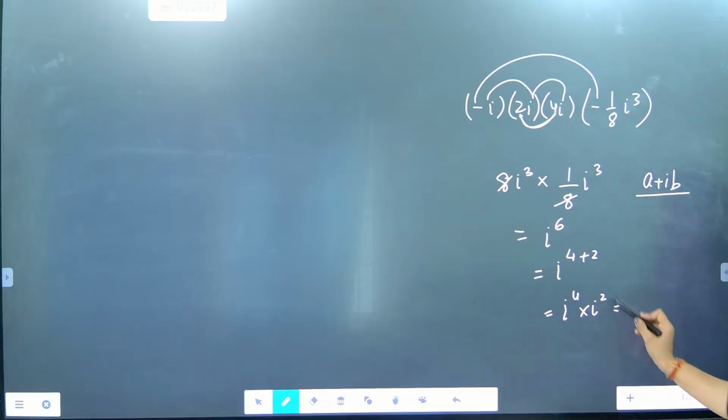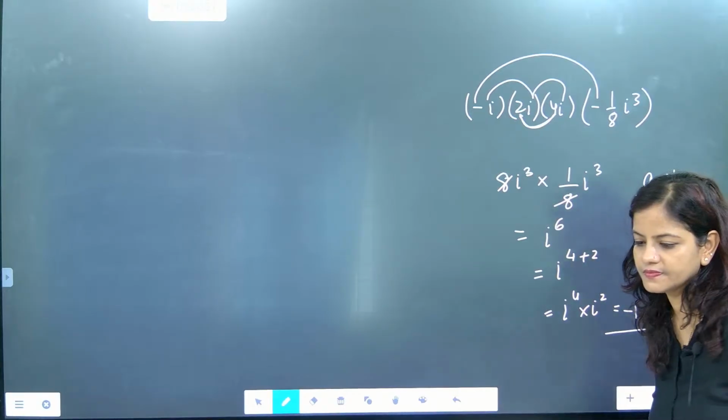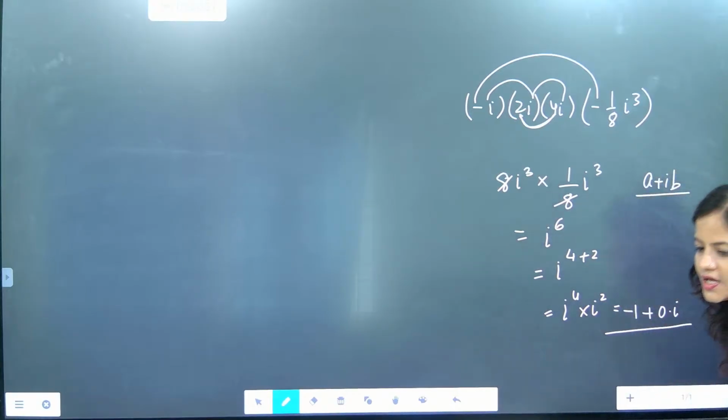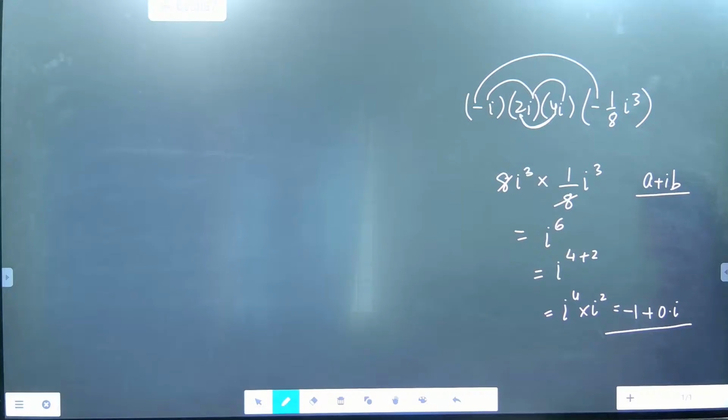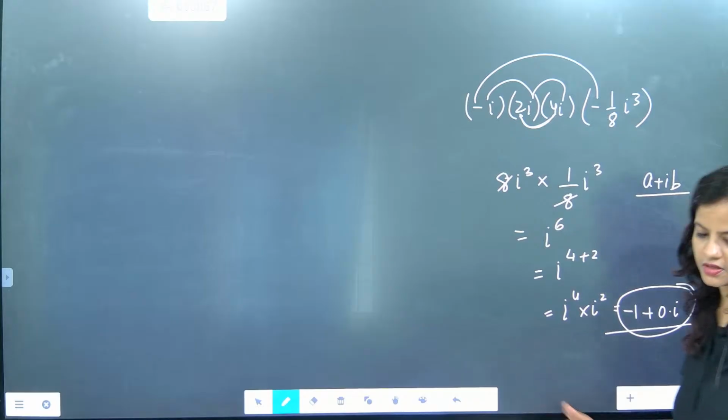So i square is coming as minus 1. So imaginary part is 0. Super Siddharth. Sujay, nice beta. So solve like this. Understood. So if you will be solving like this, you will be getting answer like this. Minus 1, this part is coming.